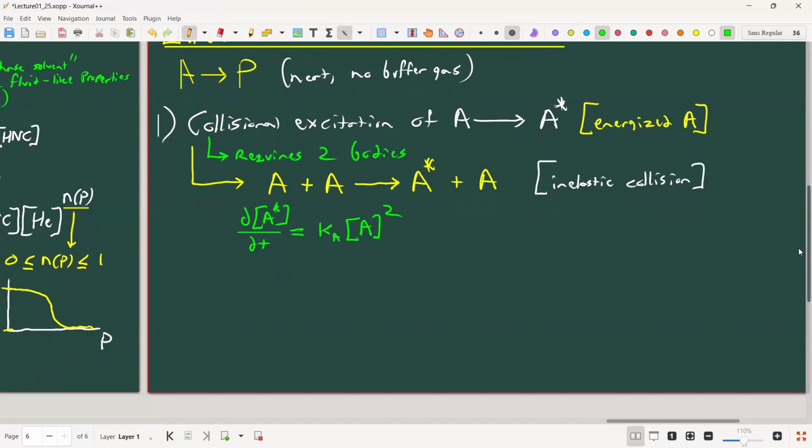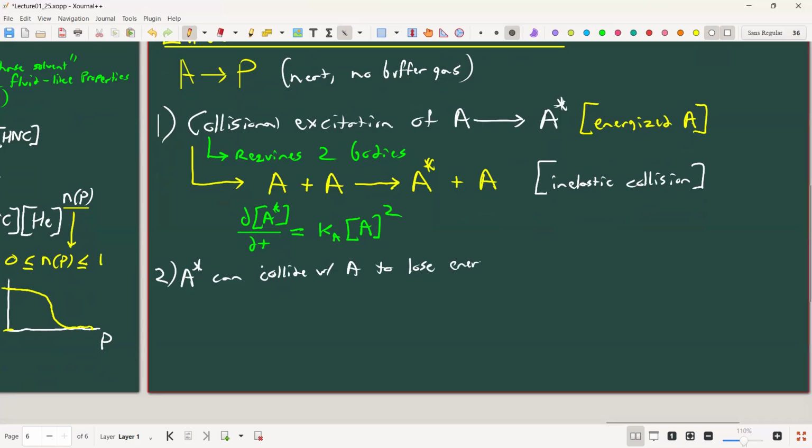All right, what can A star do now? Now we have this new transient species A star. What can A star do? Well, A star can collide with A to lose energy. That's just the reverse reaction that we just wrote down. And that would be A star plus A goes to 2A.